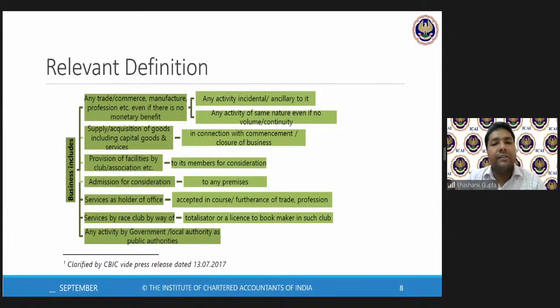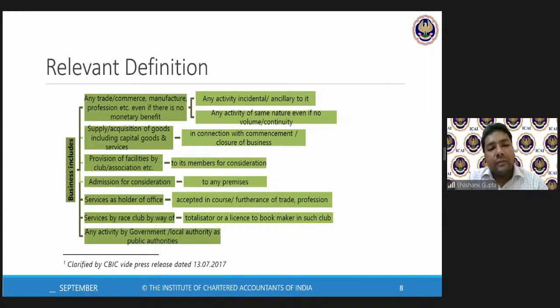So it is by virtue of those exemptions that supplies by government or local authority do not effectively become liable to tax, but per se, they are very much covered under business. Of course, it includes any trade, commerce, manufacture, profession.